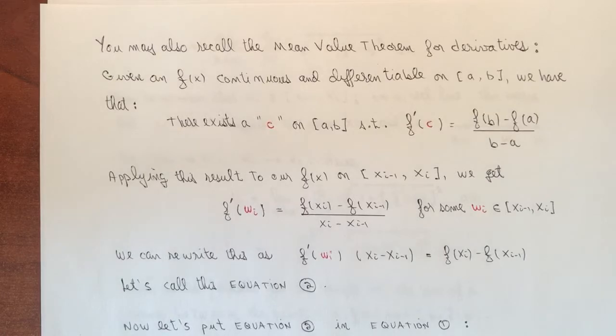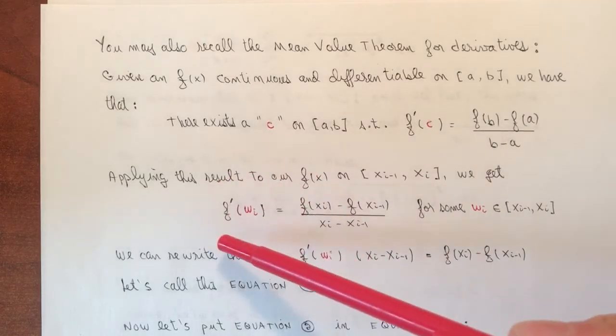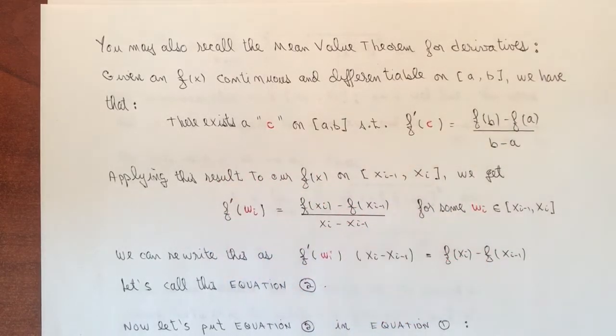Applying this result to f of x on the interval xi minus 1 to xi, we get that f prime of some number wi is equal to (f of xi minus f of xi minus 1) over (xi minus xi minus 1), where wi is just a point between xi minus 1 and xi.